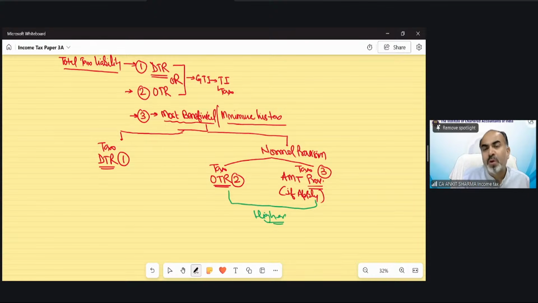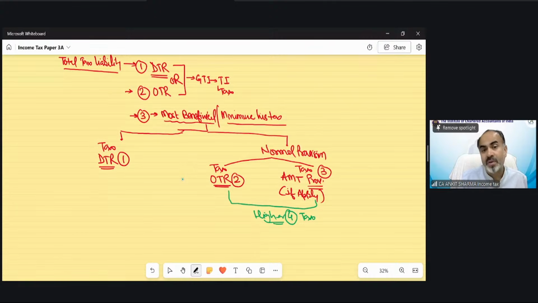Under the normal provision of the Act, we have 2 ways to calculate tax, either under the optional tax regime or as per the AMT provision. If AMT is not applicable, then only tax number 2 would be there. But if AMT is there, then you need to take the higher of these 2. Now suppose this higher amount we call tax 4.